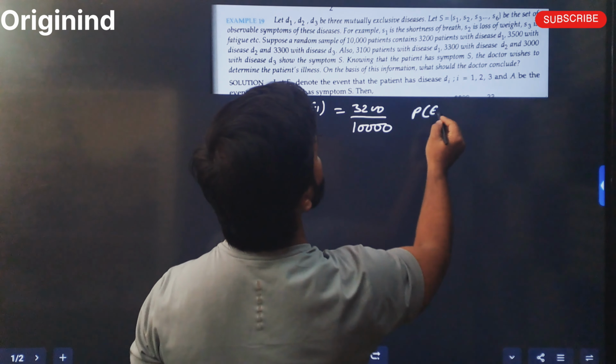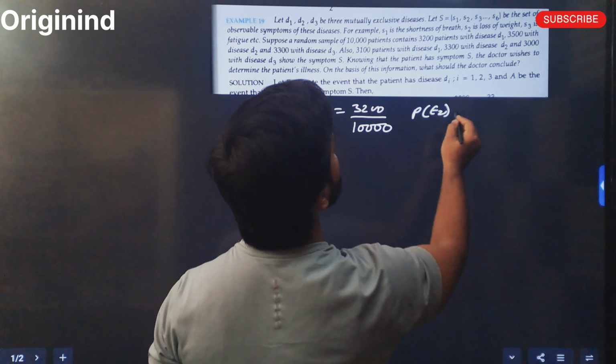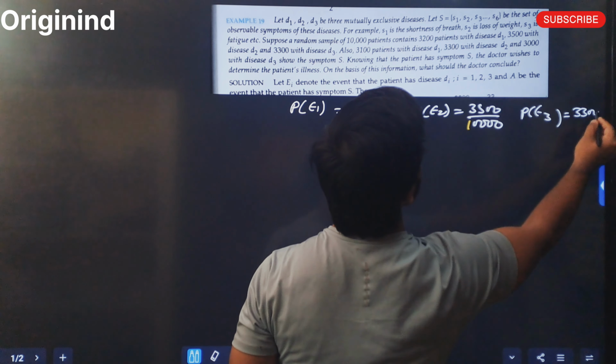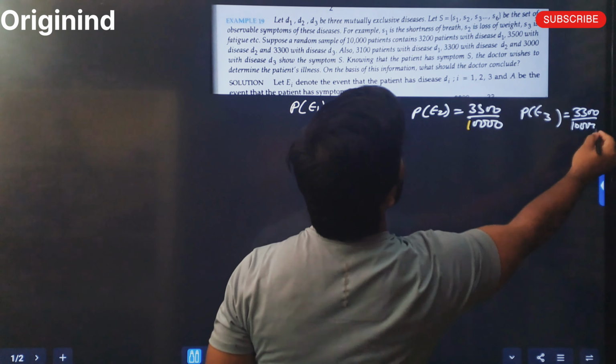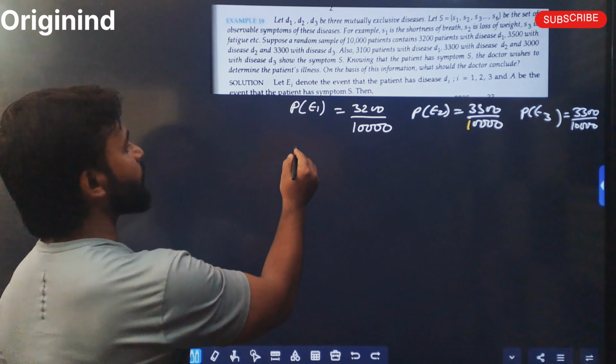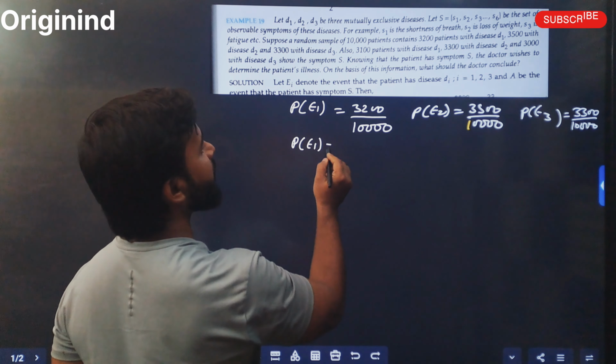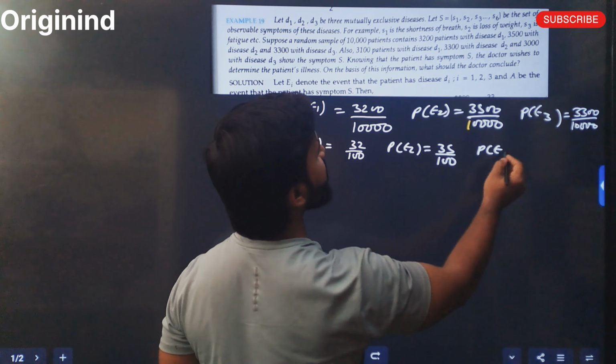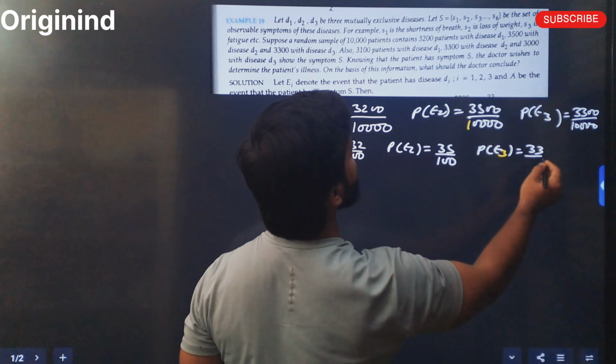P of E2 is equal to 3,500 divided by 10,000, and P of E3 is equal to 3,300 divided by 10,000. I hope you understood this. So P of E1 is equal to 32 by 100, similarly P of E2 is equal to 35 by 100, and P of E3 is equal to 33 by 100.